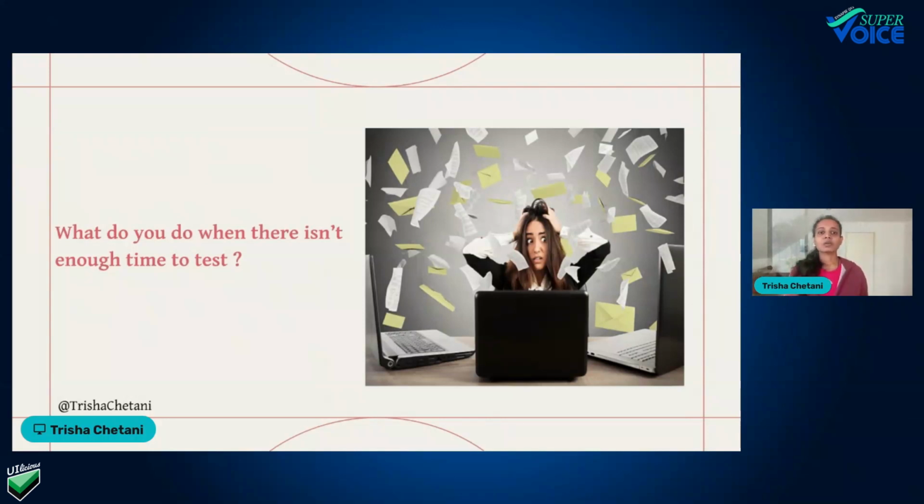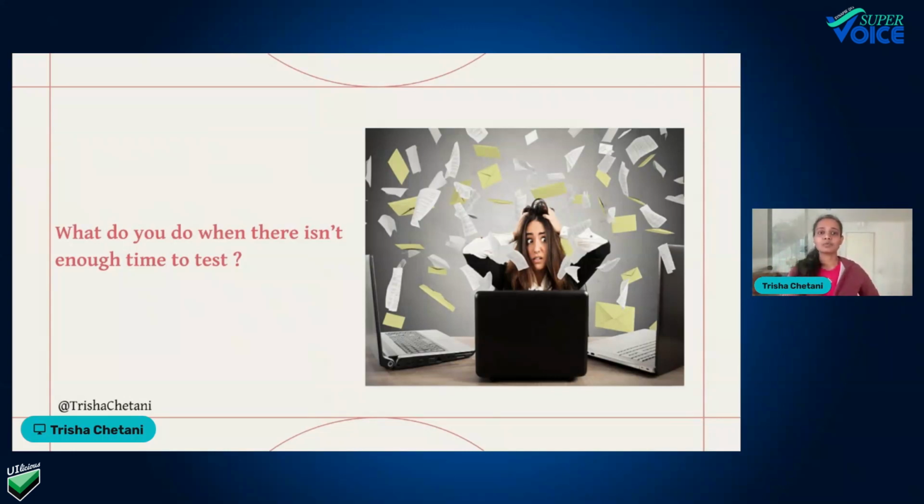Imagine being in a situation wherein you need to do functional testing, user story testing, smoke testing, sanity testing, E2E testing, whatnot. And you think, oh man, I don't have the time to do all this. How do I cooperate? Think about why you ended up doing this.